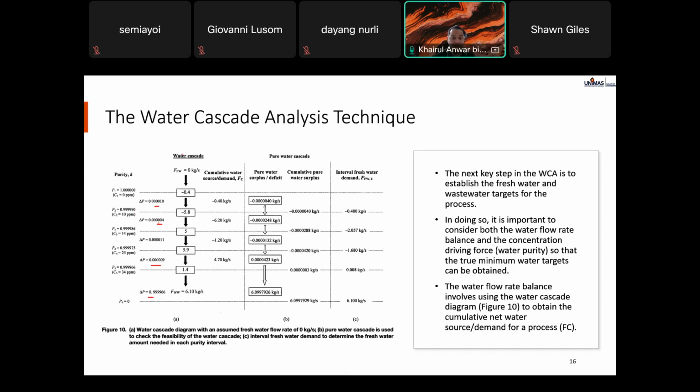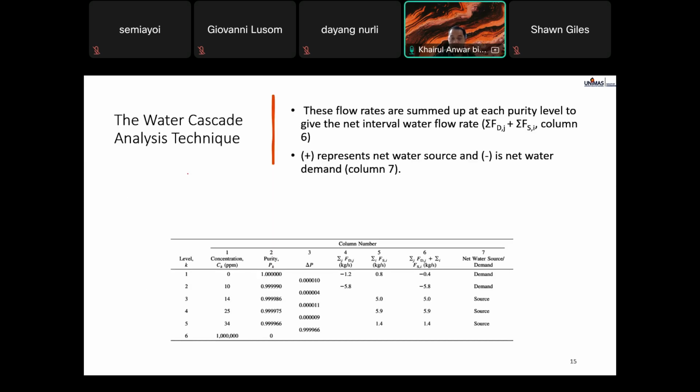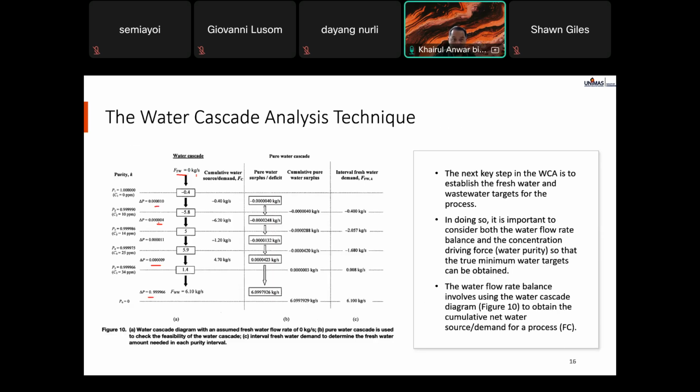Next is the water cascade. For the water cascade, we start with the fresh water at 0. FFW refers to the fresh water, 0 kg per second. Then the cascading refers to column 6: minus 4.8, 5.5, 9.1, 1.4.